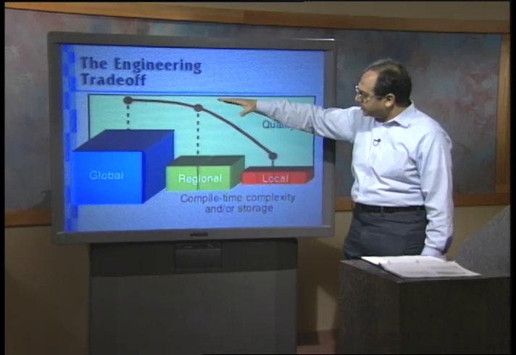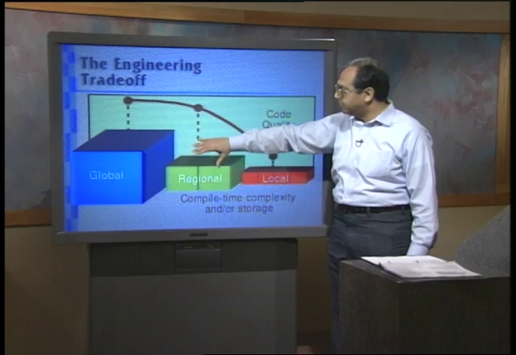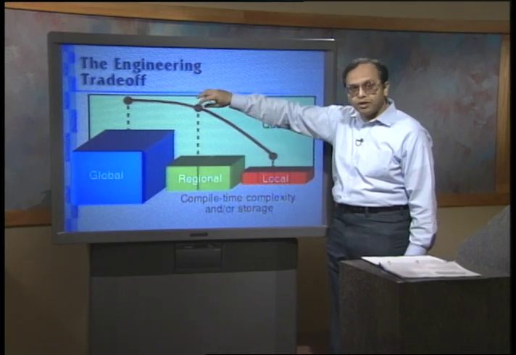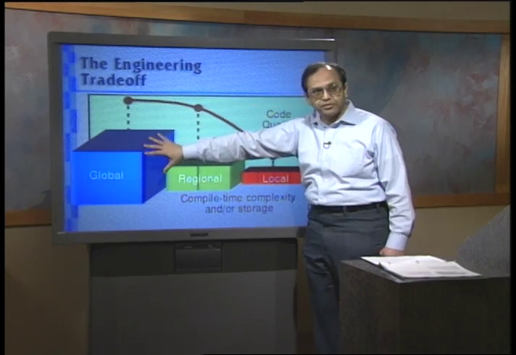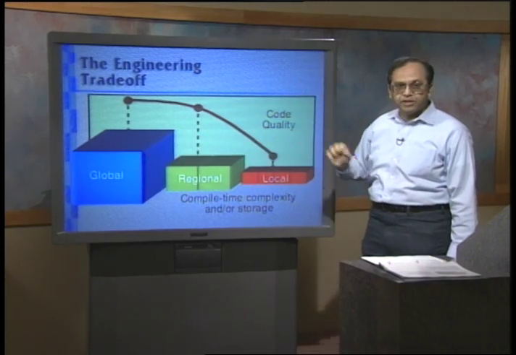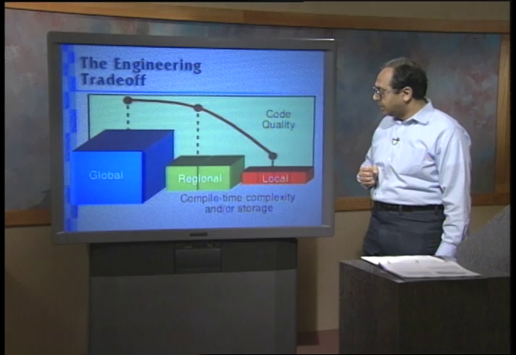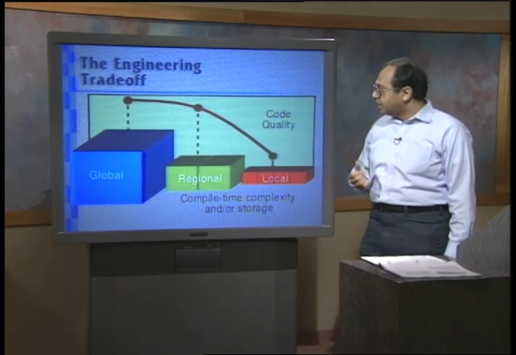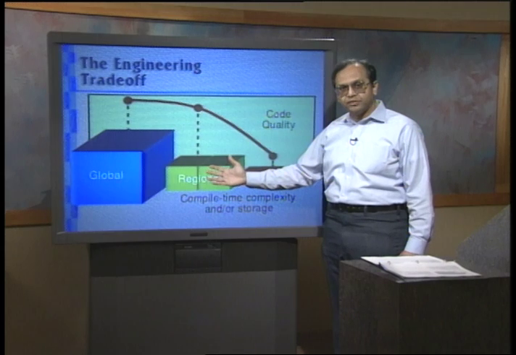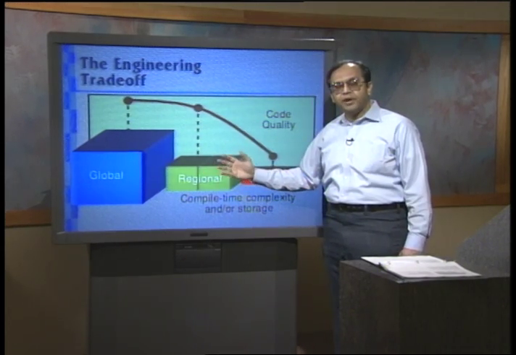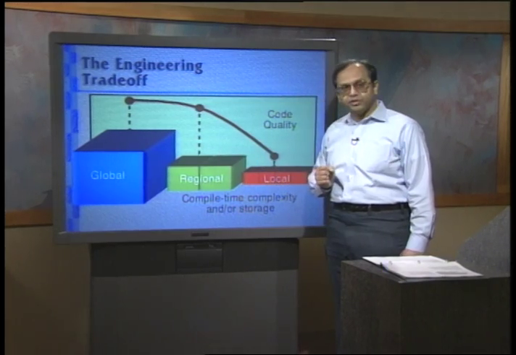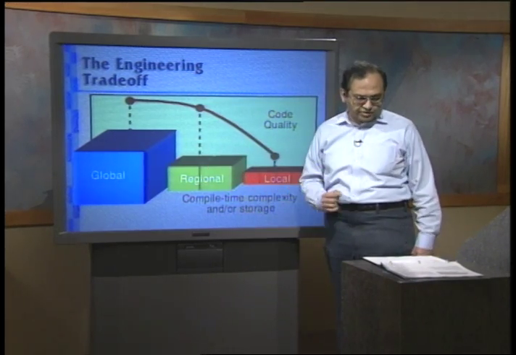The experience is that over meaningfully defined regions you get most of the code quality benefits without paying the entire price. And this is one major thing that region-based compilation does for you. Now, this has been in place for global scheduling for a while. And in fact, recently for register allocation, etc., there's a trend in this direction.